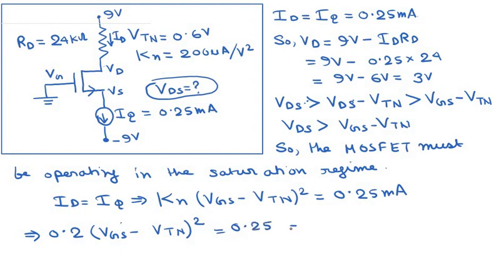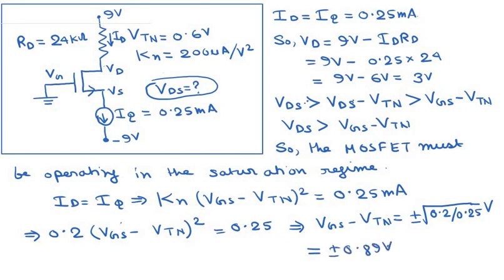This is equal to 0.25. So VGS minus VTN must be equal to plus minus the square root of 0.2 divided by 0.25 volts, and on solving this gives me plus minus 0.89 volts.